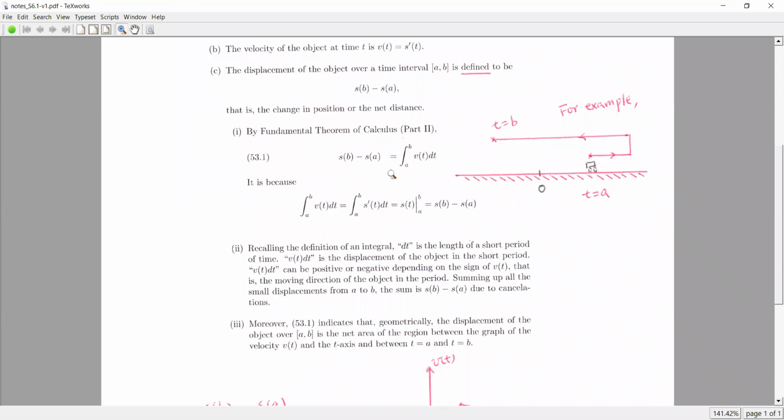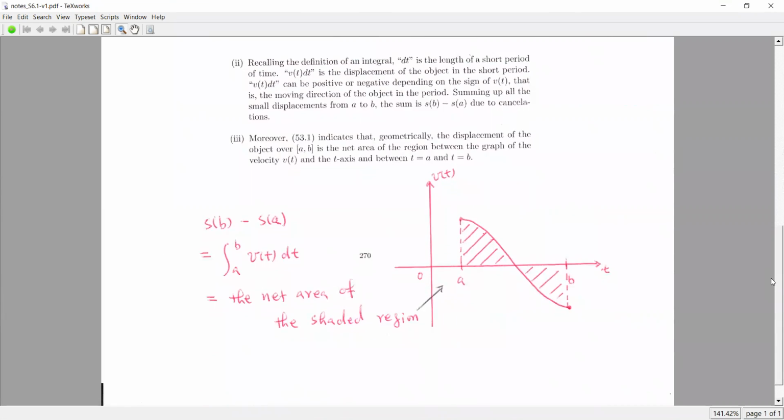We can also understand this formula geometrically. Draw the graph of the velocity function from A to B. Suppose this curve is the graph of the velocity function.